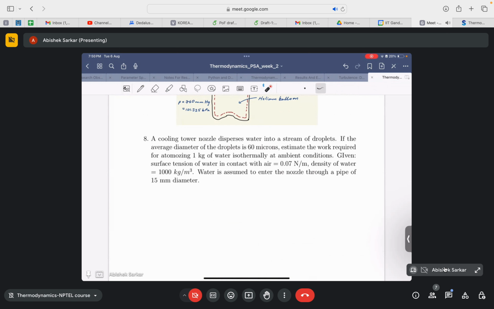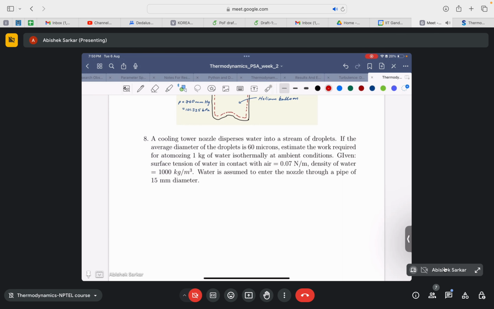If the average diameter of the droplets is 60 microns, estimate the work required for atomizing 1 kg of water isothermally at ambient conditions. Okay. Given that, surface tension of water in contact with air is 0.07 Newton per meter. Density of water is 1000 kg per meter cube, and water is assumed to enter a nozzle through a pipe of 15 millimeter diameter.